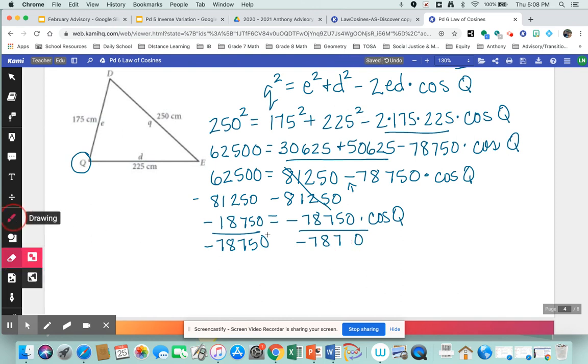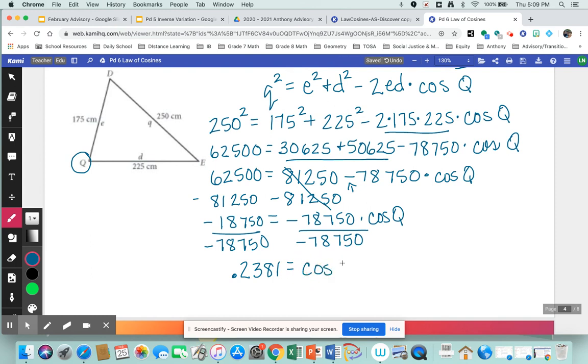That 5 there doesn't look very good. Let's fix that. Okay, when we divide negative 18,750 by negative 78,750, we get a positive 0.2381. Go 4 places if you're rounding. Don't just do 0.2 because your answer is going to be way off.